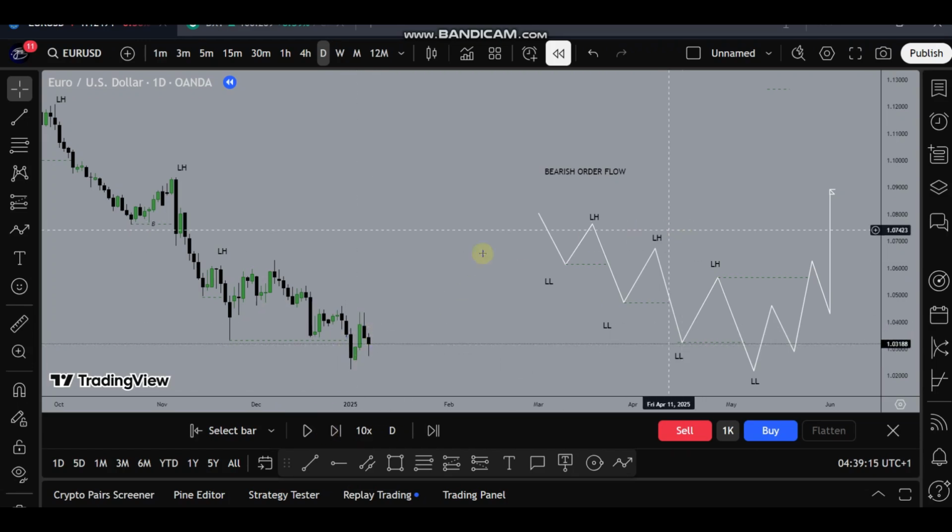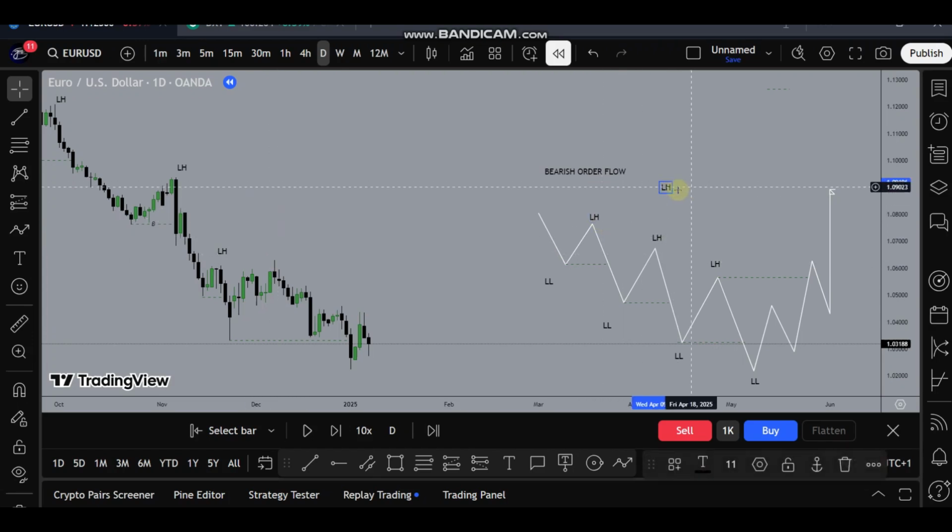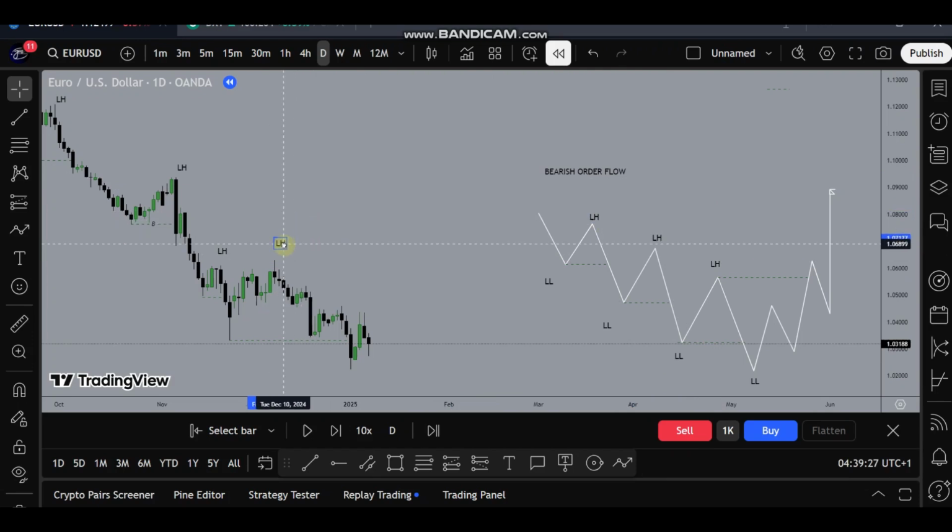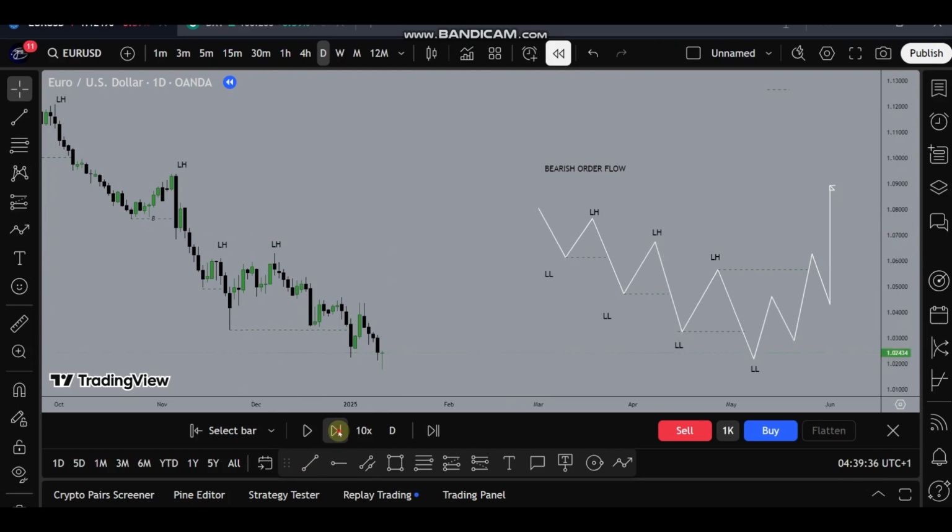Price gave me a swing between this swing low and this lower low and this lower low. Where is my highest high? This guy. So until price closes above this lower high, I have a change of character. Now price has not closed below this low.